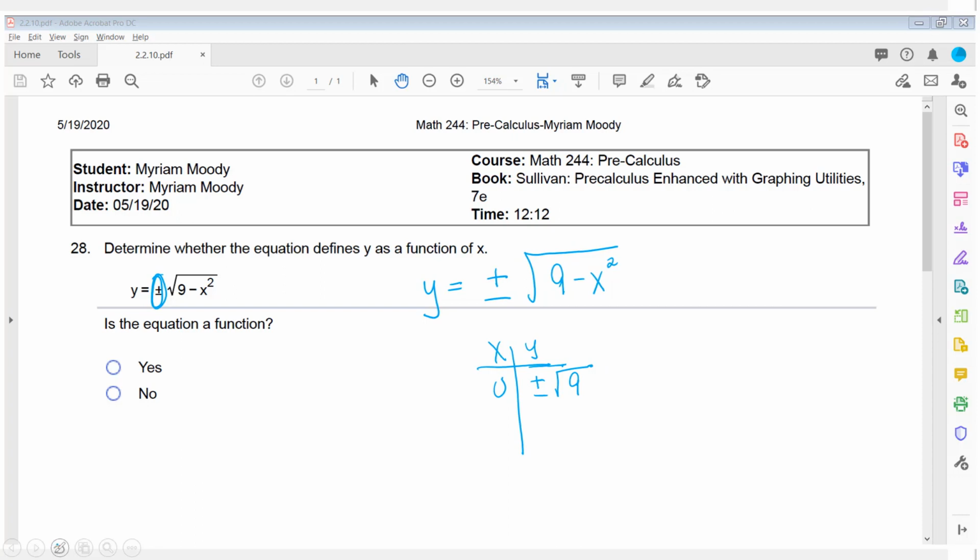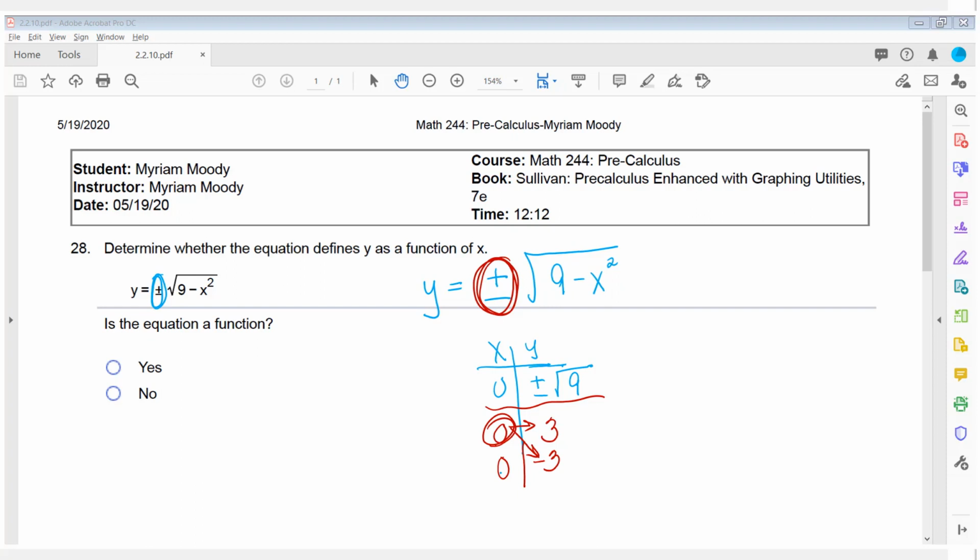Yeah, according to what we already know, the square root of 9 is 3. So when I plug in 0, I would get 3. But this symbol tells me you don't just get a positive 3 as an answer, you also get a -3. So this single input of 0 gave me 2 outputs.